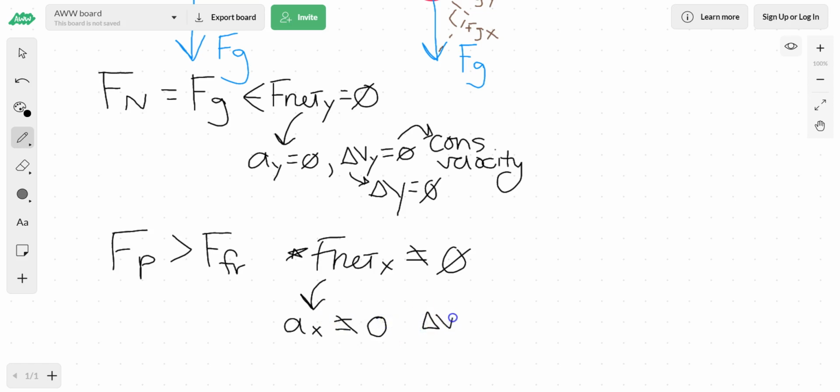So there is a change in velocity in the x that again is non-zero. So this one again is accelerating, which means that there is absolutely going to be a change in x position. All right, so if your forces are unbalanced, then that means that you will have a change in velocity, you will have an acceleration, and you will have a change in position.